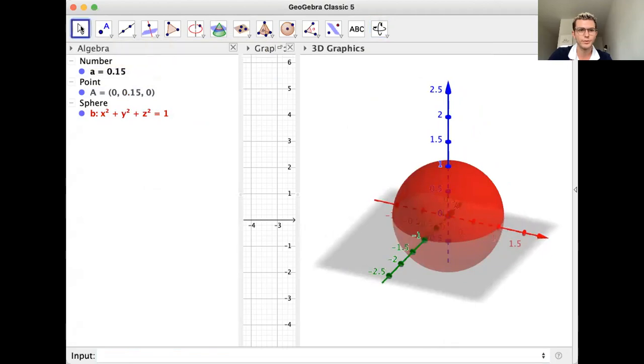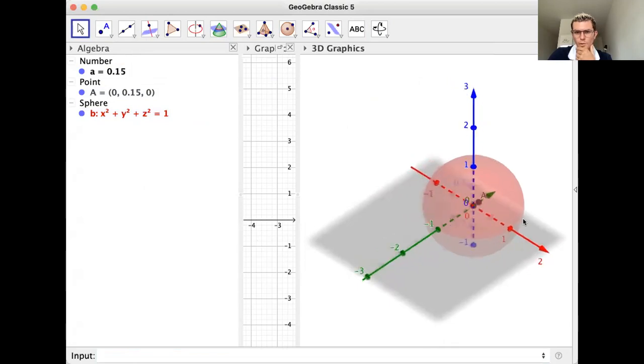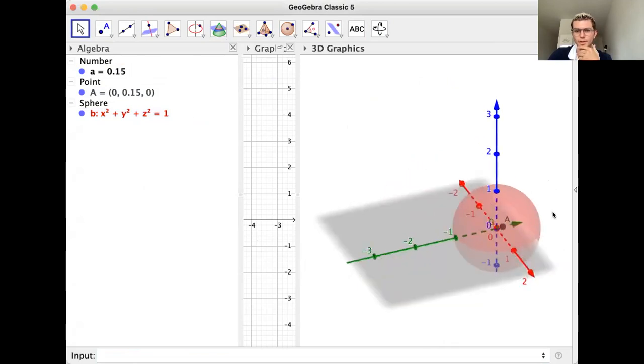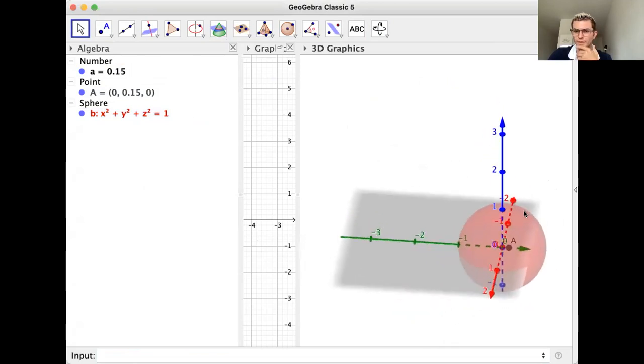I just need to do this. So there's this point A, which is below, right, on the XY plane. I don't know if everyone sees it. Let me make it a bit thicker. So there it is, right?